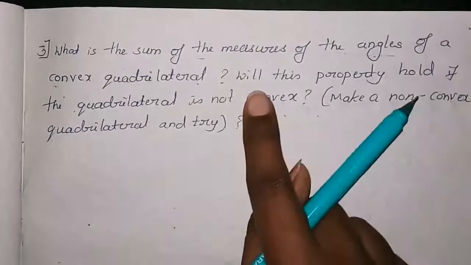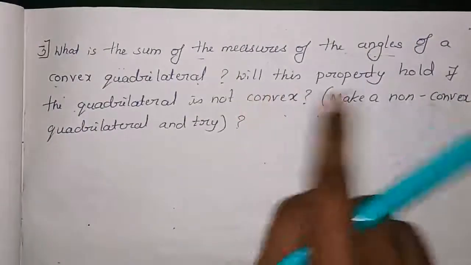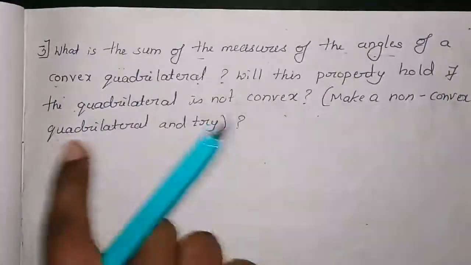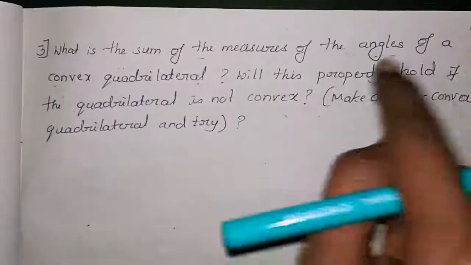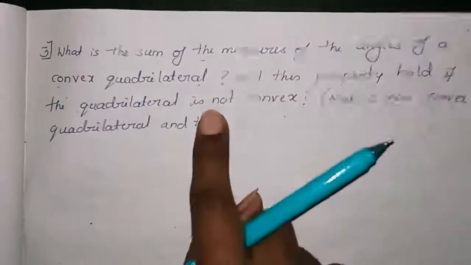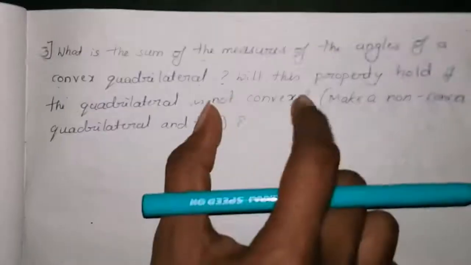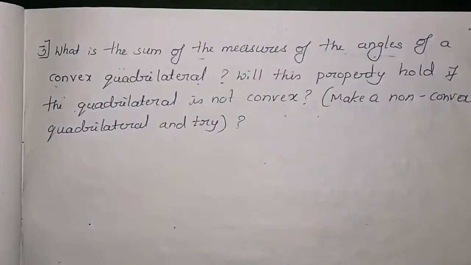And after that the question continues: will this property hold if the quadrilateral is not convex? If it is not convex, then it can be called, as I have given there, convex and concave quadrilateral.